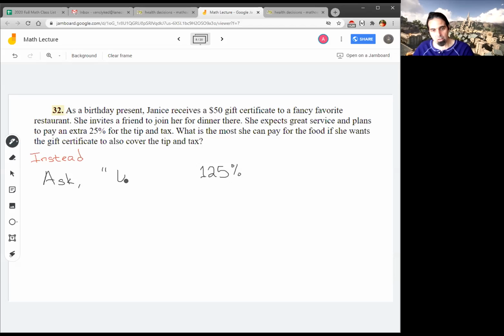Then what amount? I'm sorry. Can you explain that 125%? Where did I get it? Because I want the 100% of the food and also the tax tip combo. So I'm trying to ask $50, my gift certificate, is equal to, will cover the 100% of the food and 25% more of the food. Does that then make sense? Did I use enough explaining?